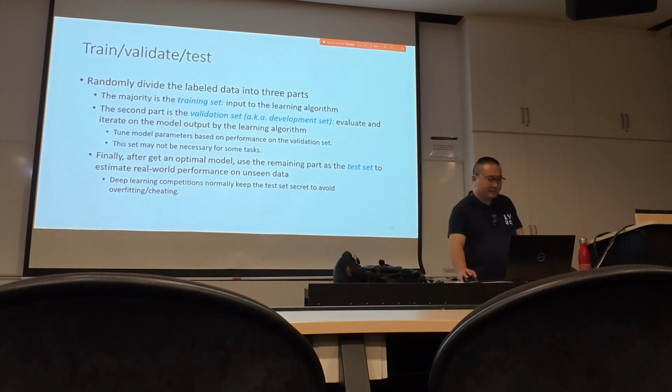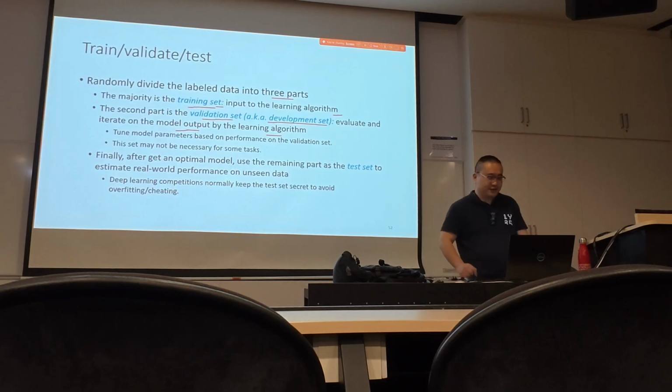So the goal is that given all the collected data, we can randomly split them into three parts. The majority part is the training set. This data set is used to train the model. For example, when we run gradient descent, we use the training data set. And the second part is the validation set. Nowadays, if you look at the literature, people also refer to it as the development set. The purpose of the validation set is to evaluate and iterate the model by the learning algorithm.